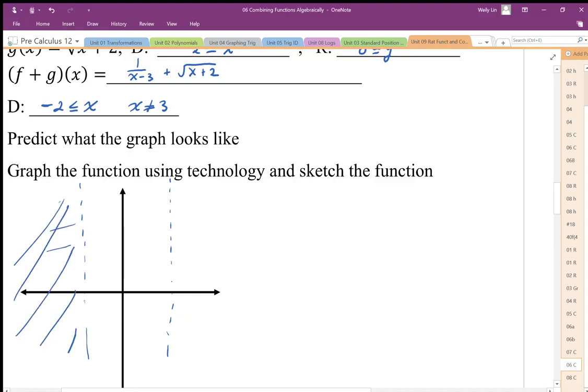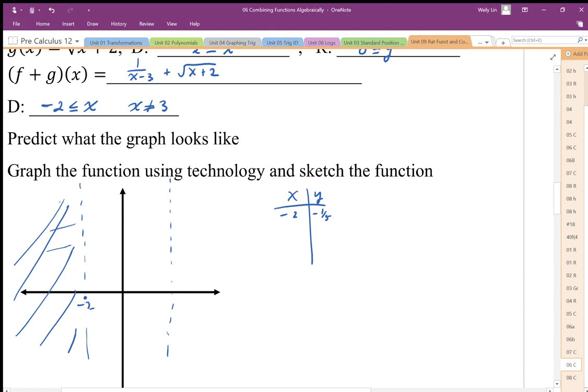So -2 is going to be the starting point of our function, and we can start making a table of values here. At x equals -2, we're going to end up with -1 over 5. So it's going to be some point right about there. Okay, so that's an endpoint.